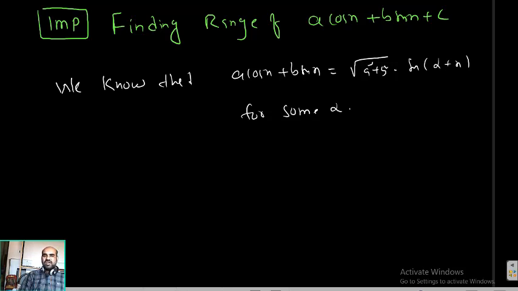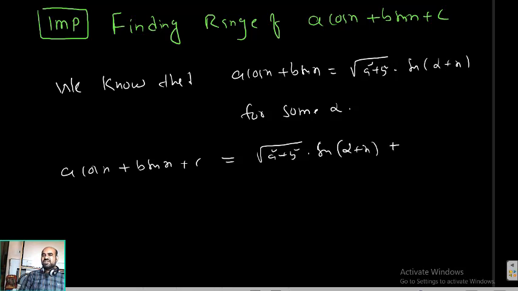So a cos x plus b sin x plus c can be written as root over a square plus b square into sin of alpha plus x plus c. This is result 1. Now we want to find the range of this.